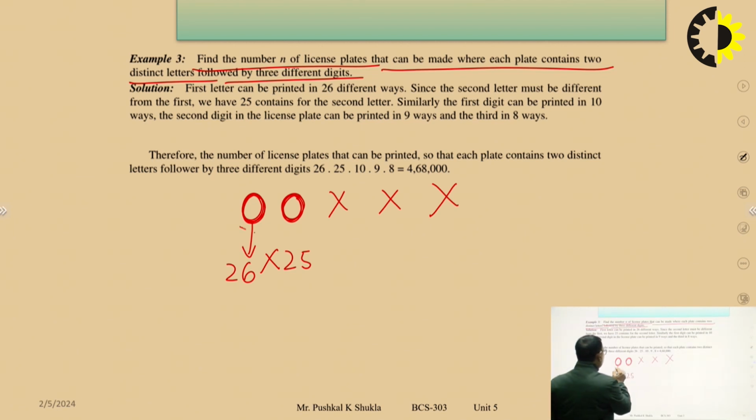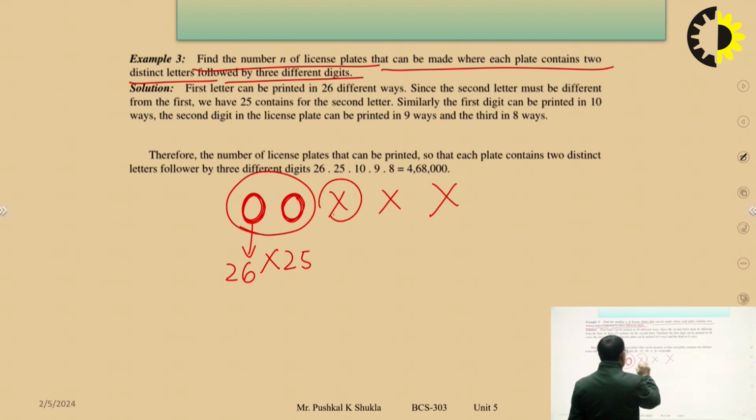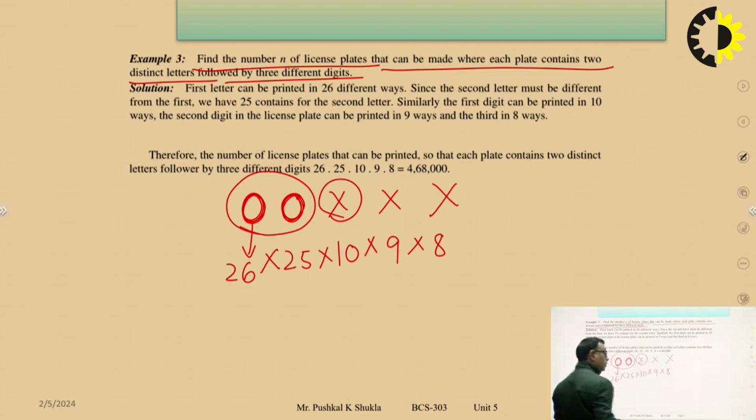So these 2 are occupied by the alphabets, followed by 3 distinct digits. So a total of 10 digits are there. So this place will be occupied by 10 digits. Again this will be occupied by 9 and this will be occupied by 8. This is if repetition is not allowed, if we require distinct letters followed by 3 distinct digits.